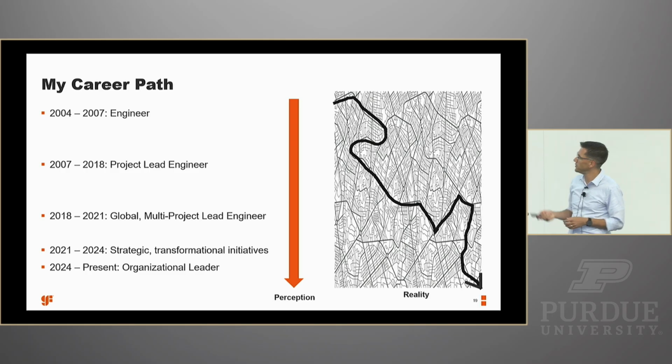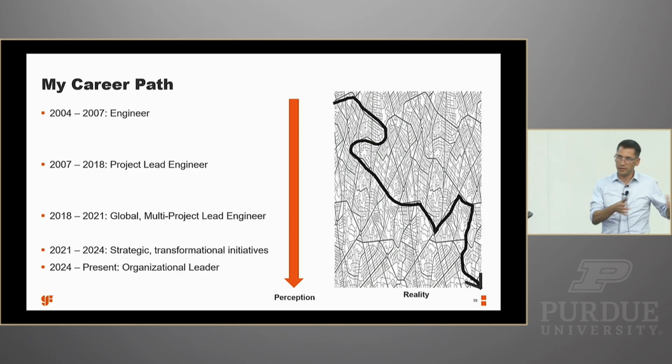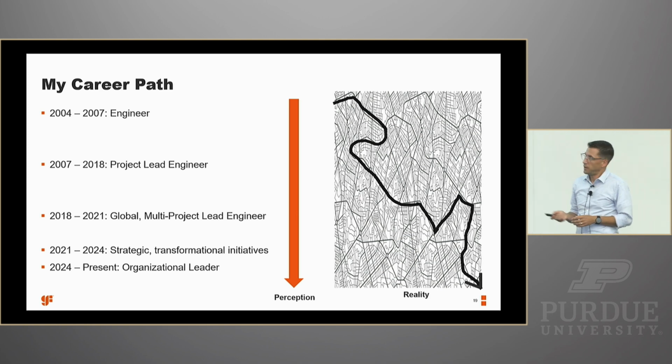So when I first put it together, it looked to me like a straight path. But as I thought about it more, the path I've taken actually is much more jagged in how it's progressed over the years. And there are also branches and opportunities that come as well. That's why I like this map view, because you can see that there are multiple routes to go down. It is a bit more jagged.